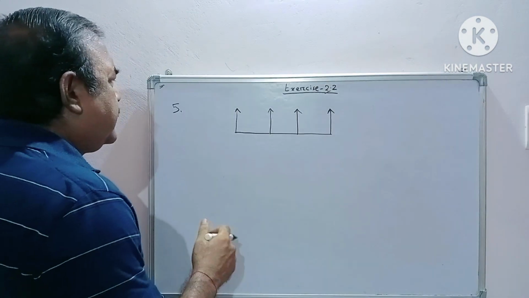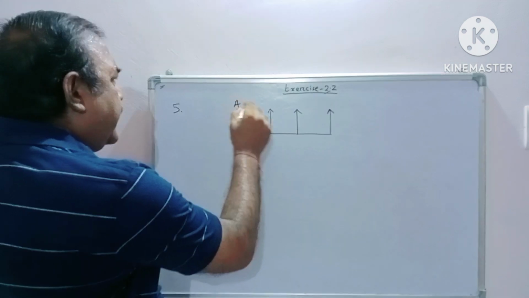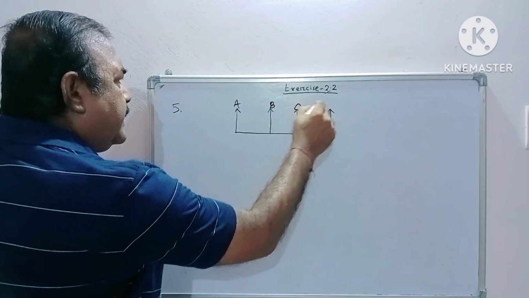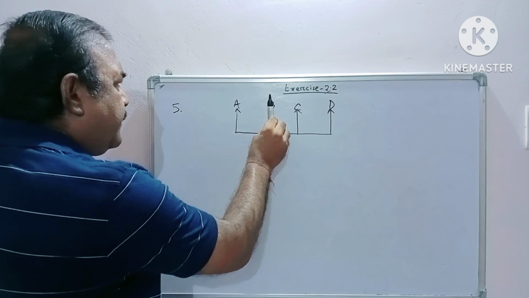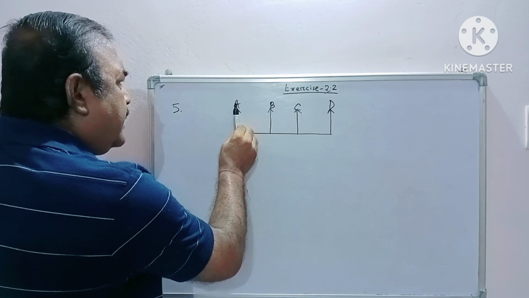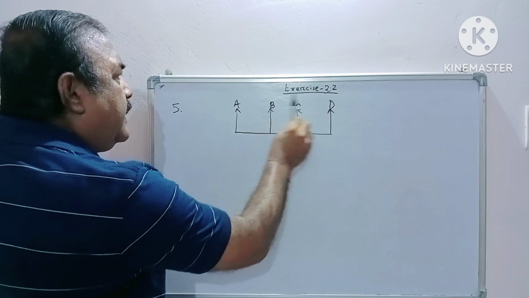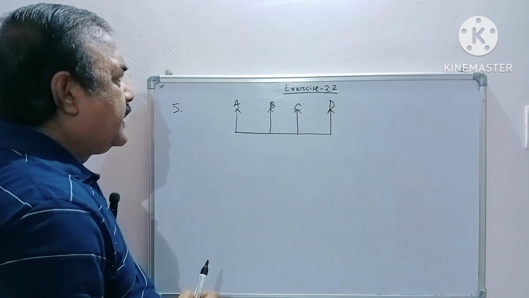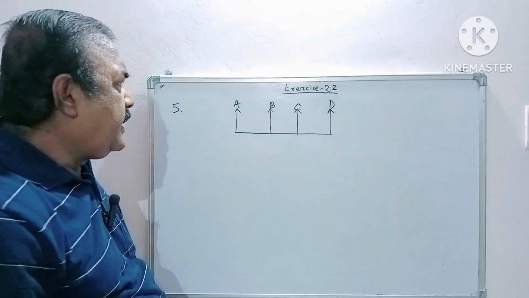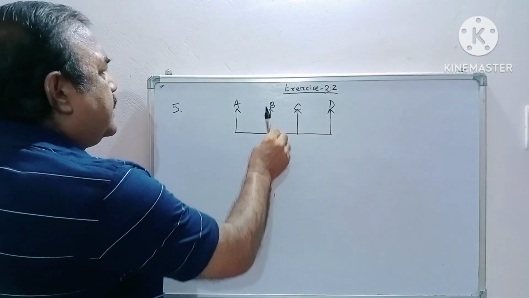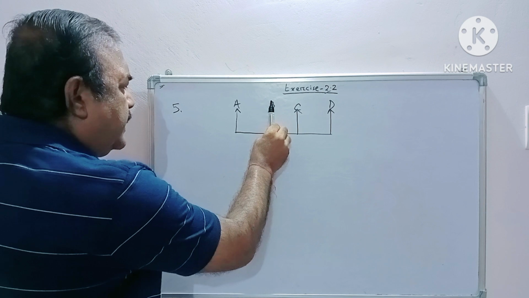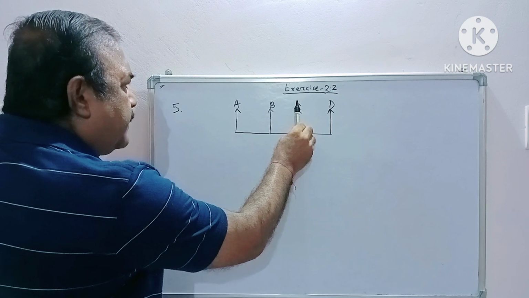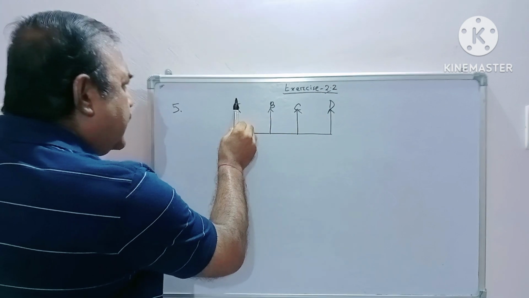Suppose this is A, this is B, this is C, and this is D. For A, B is the adjacent, and for B, both C and A are adjacent. For C, both B and D are adjacent. You know the adjacent sides in geometry. So the nearest one. If I move from B in this direction, I will meet the sapling C. From this, I will meet the sapling A.